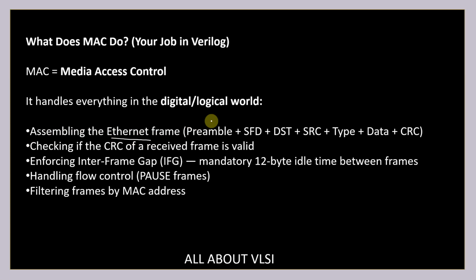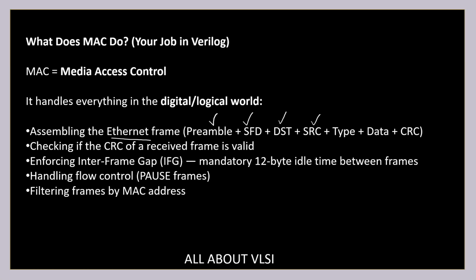An Ethernet frame has the preamble, SFD, DST, SRC, type, data and CRC. Whatever data we get from the upper layers, or receive from the lower layers of our network layer, we split or join accordingly, whether it is a transmitter or receiver, and the Ethernet controller is going to perform that.